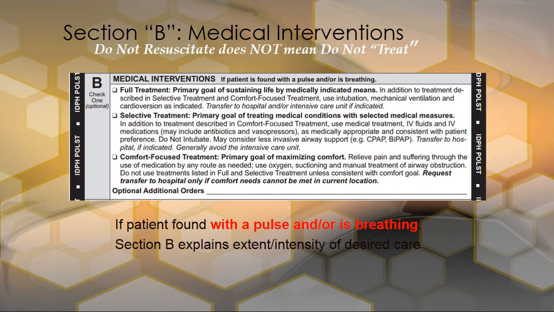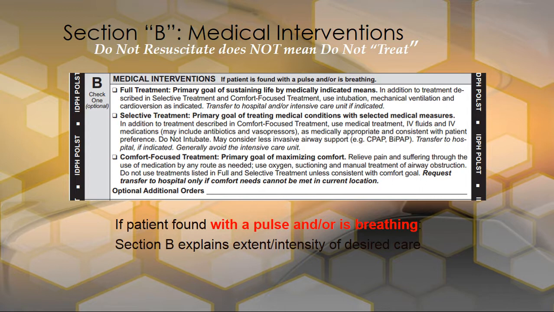So essentially it addresses the extent and the intensity of the desired care if a patient is in, I will call, a peri-arrest situation, or those patients that if we don't do anything, they'll end up in full cardiac arrest.